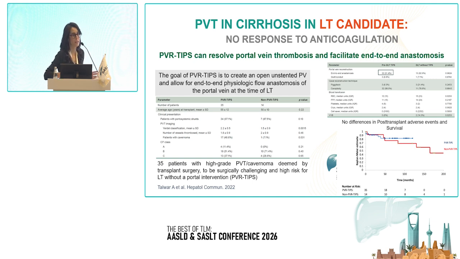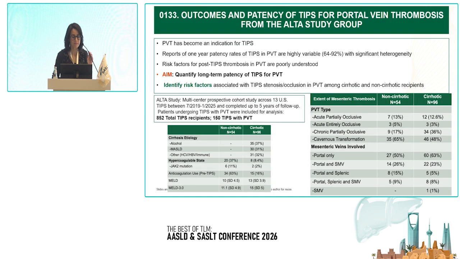Of course, this technique that seems amazing has to be done in a center of expertise, because more morbidity and even mortality can happen, and we need to select the patients very well and do it in the best trained and expert scenario.